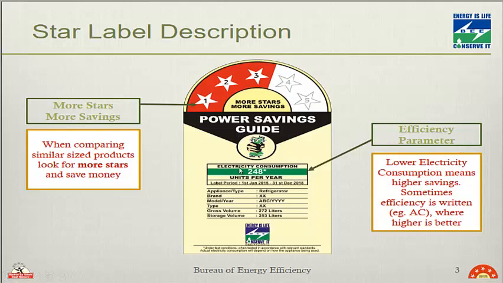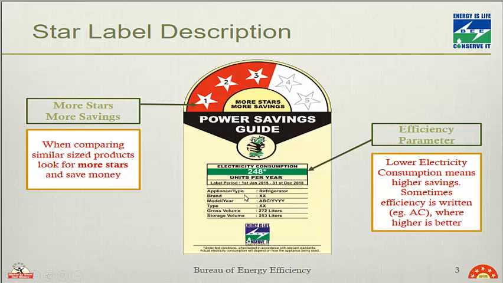So this will tell us the number of units consumed by the refrigerator in 1 year, that is 248 kilowatt hour. So it is the label period, that is 1st January 2015 and 31st December 2018. This is actually the period in which it is to be sold.